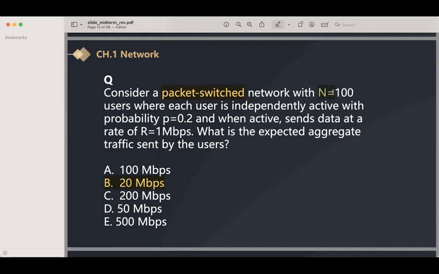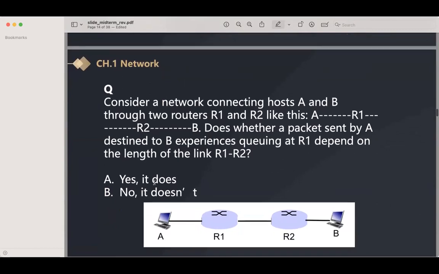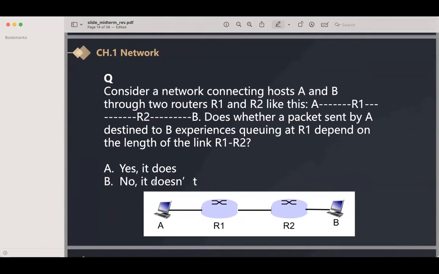It's pretty easy, just 100 users times the bandwidth they need, which is 100 Mbps, and times the probability of the usage, and we get 20. Next one.